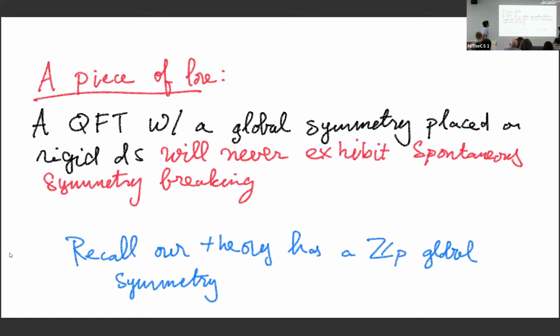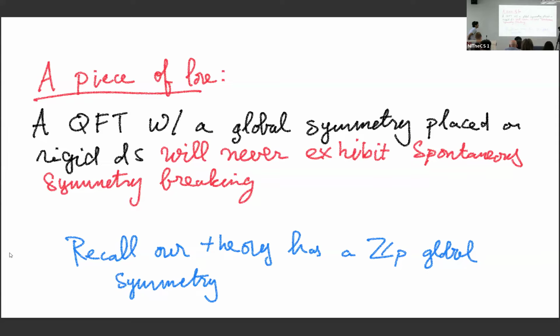Okay, so the next thing I want to discuss that this model lets us study is that there is some lore about de Sitter. And that lore is that any QFT with a global symmetry on de Sitter cannot have spontaneous symmetry breaking. In flat space, you can have spontaneous symmetry breaking if you're at infinite volume.